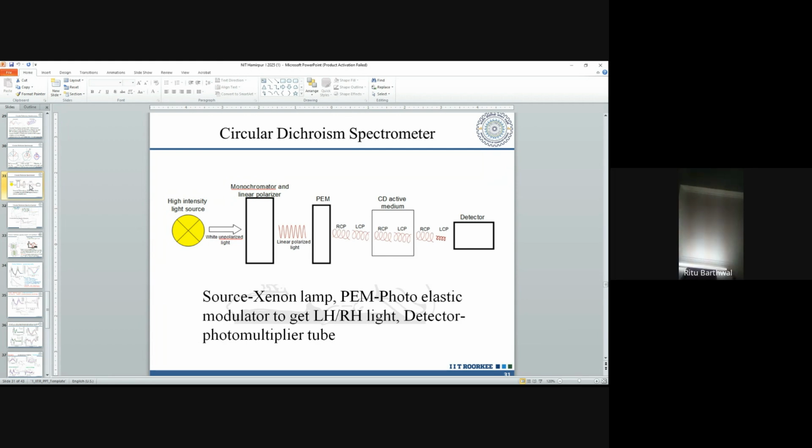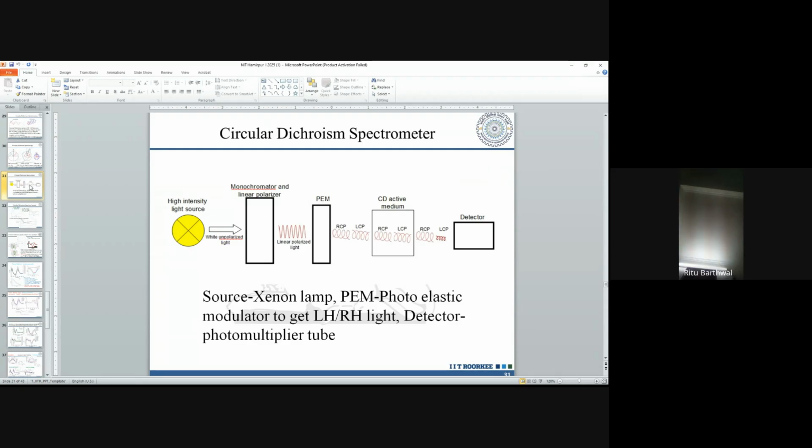So this is your sample cell. Exactly the same cuvette is used. We use a small amount of sample. This is the same cuvette as you use in OD. So this is your sample, and then there is a detector. Once again, when the light comes out, it is shown here. RCP and LCP are both equal. When it comes out, LCP is smaller, RCP is bigger, which means left-handed light got more absorbed.